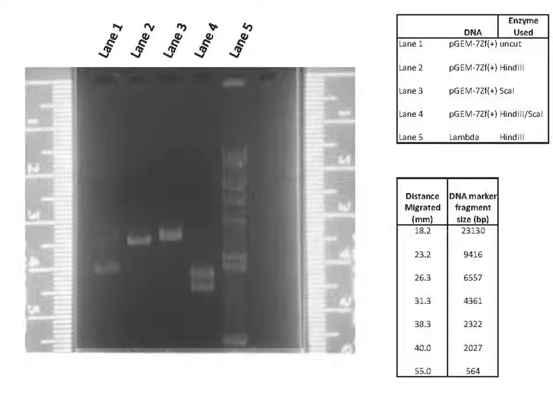And those correspond to the bands we see here. So the quickest running is the 564, next the 2027, then very close to it the 2322, then the 4,000, and so forth. We do this so that we can determine the size of a band that is unknown.